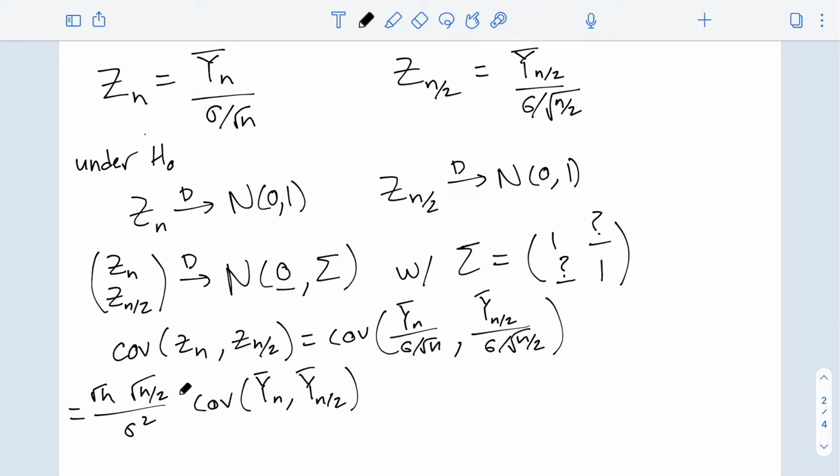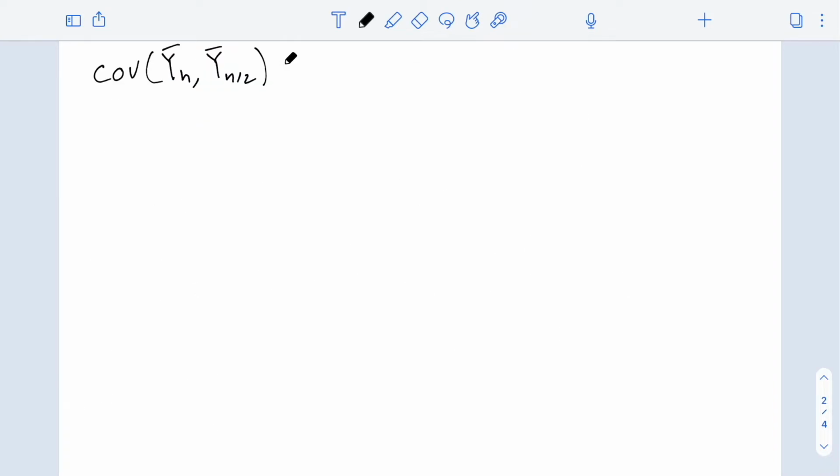Now we're just going to focus on this term for a second and try to simplify that down. So we're going to do that by actually just expanding out each of these. So this is the covariance of 1 over n times the sum over all n observations of yi with 1 over n over 2 with the sum of just the first n over 2 observations of yj.